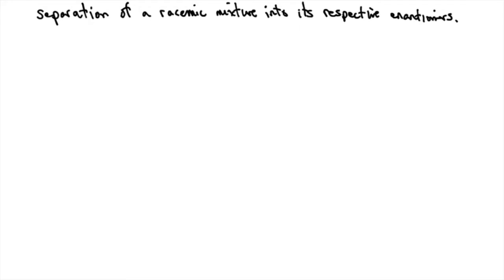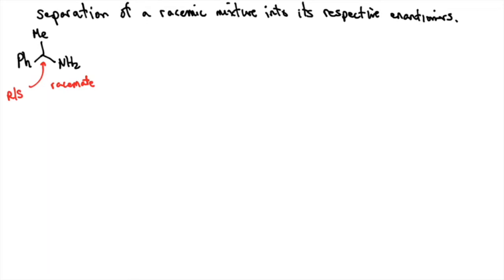So let's say we have this racemic mixture. Let's say we have a racemic mixture of this chiral amine. We know that this amine here has a stereocenter, and it has an RS configuration at that stereocenter, and so this is a racemate.